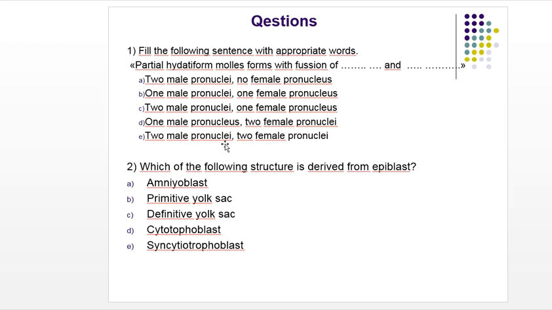And now we have one conclusion about the second week. The second week of development is known as the week of twos. What does it mean? It means that everything that forms in this week has two layers. For example, the trophoblast differentiates into two layers, the cytotrophoblast and syncytial trophoblast.